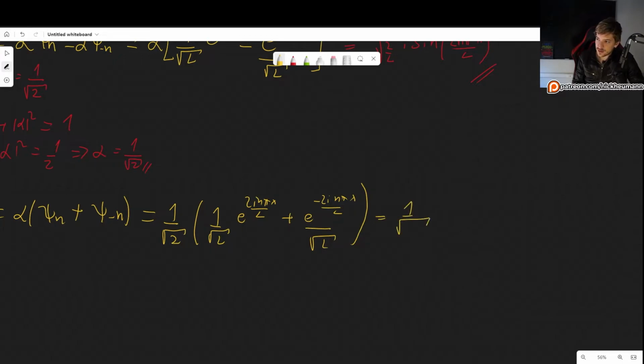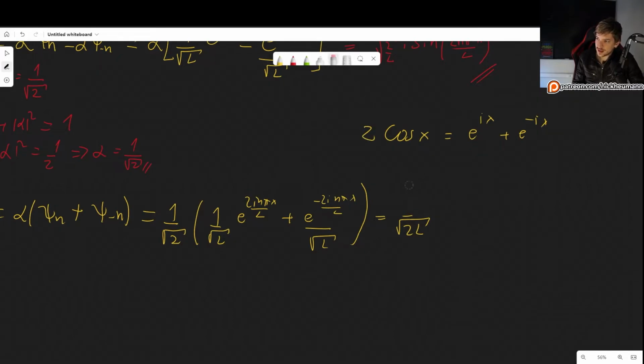So let's put everything together. So square root of 2L, and this thing, right, we have to keep in mind that the cosine of x is e to the ix plus e to the minus ix divided by 2. So what we have here is twice the cosine of x.